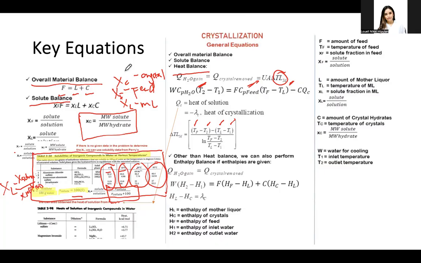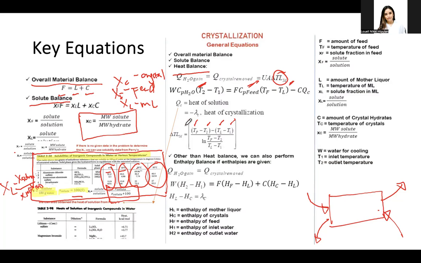So this one, for example, if you have your counterflow, this is your heat exchanger, your cooler. This is your feed, and this is the outlet.